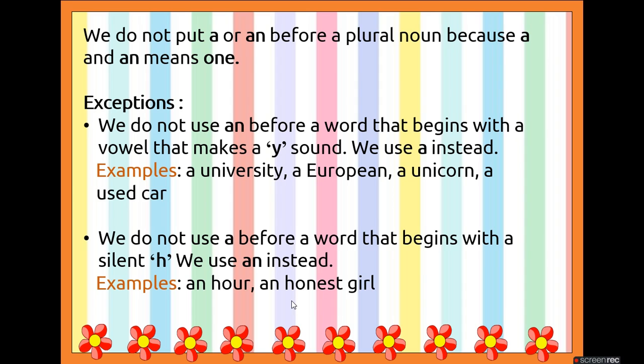The same goes for honest girl. We do not say honest with an H sound, we say onest. The H is a silent H. So an honest girl. Remember, we cannot use a before a word that begins with a silent H. We have to replace it with an. Okay, moving on to the next slide.